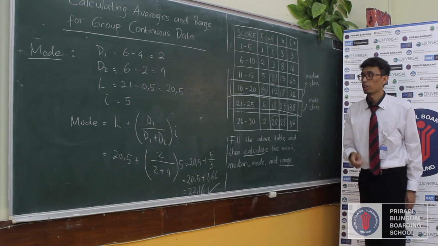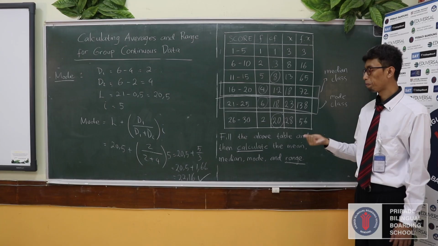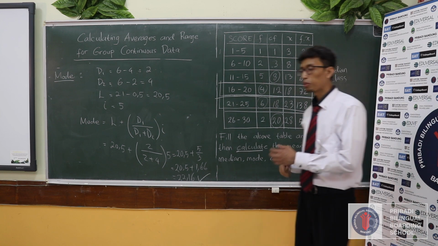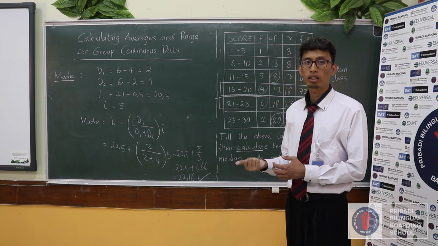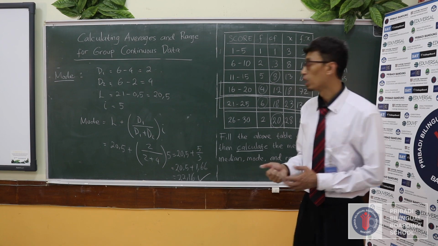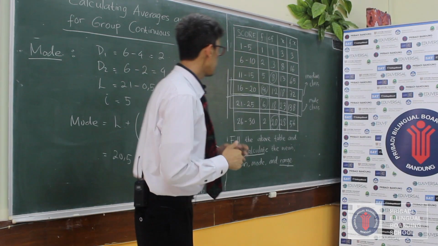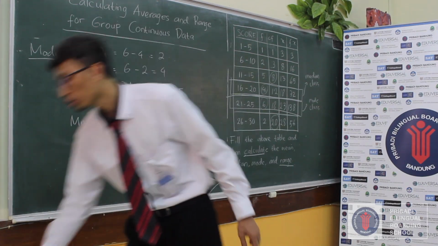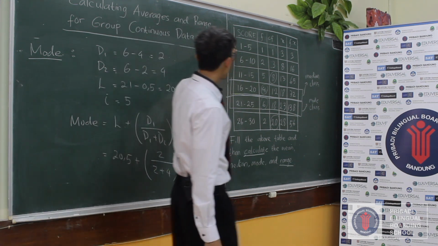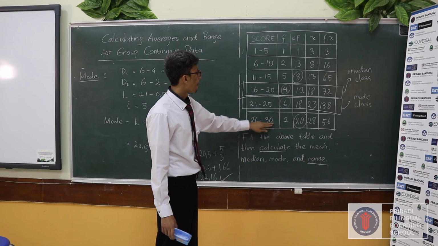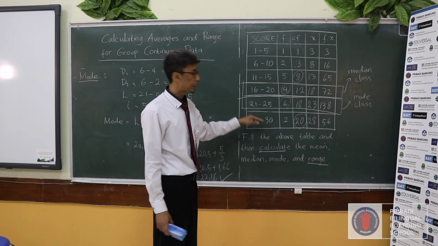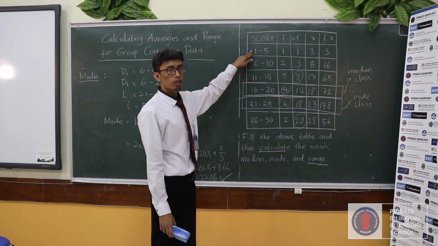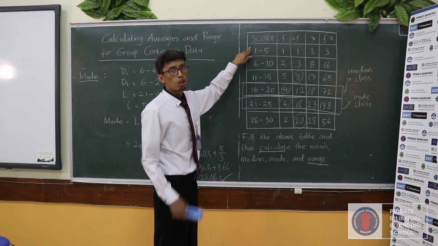It's easy. For example, in single data, easily we can find the range, only subtract the highest value of the data with the lowest value of the data. But in this group of data, there is a little bit of difference, because we're going to subtract the upper boundary of the highest class with the lower boundary of the lowest class.